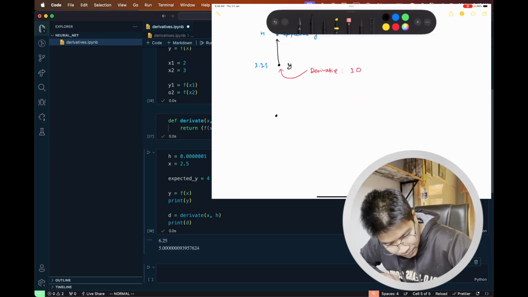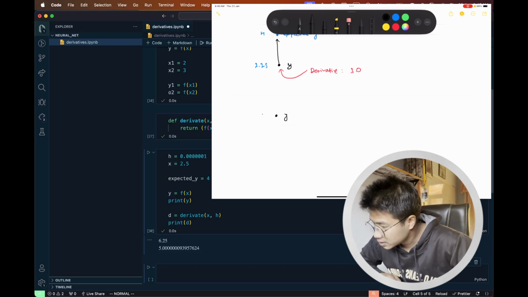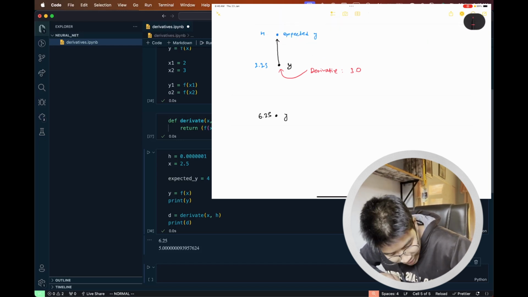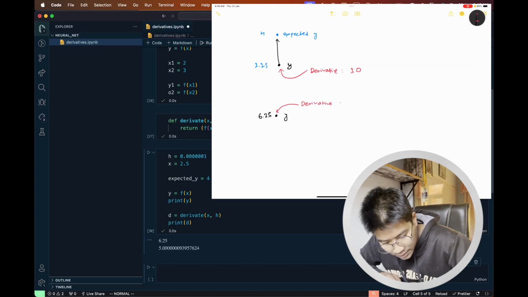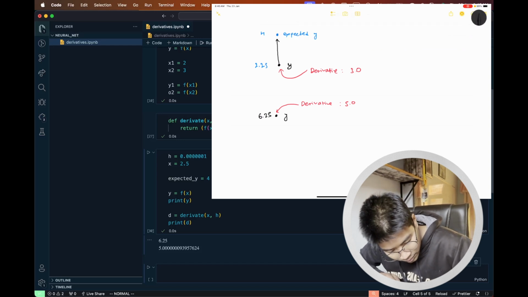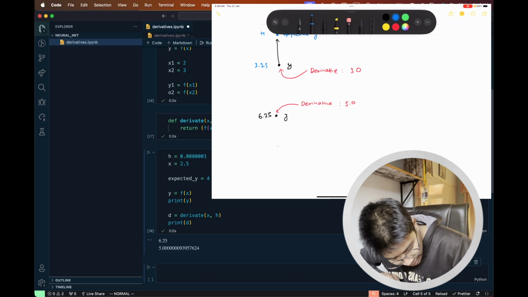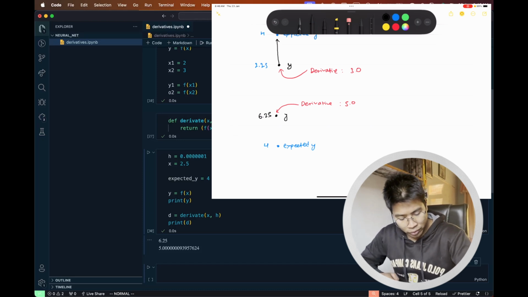My y value is 6.25, and what is my derivative at that point? Derivative is 5.0. And what is my expected y value? Expected y value is still 4.